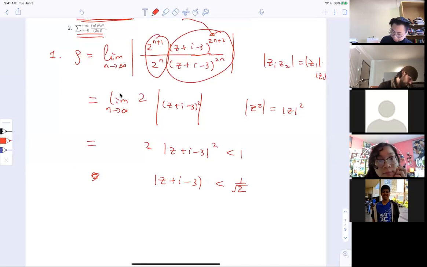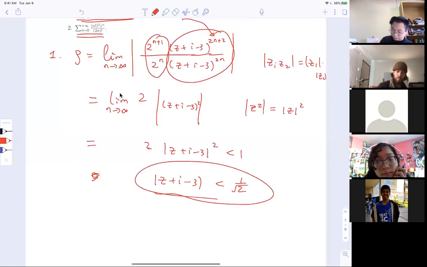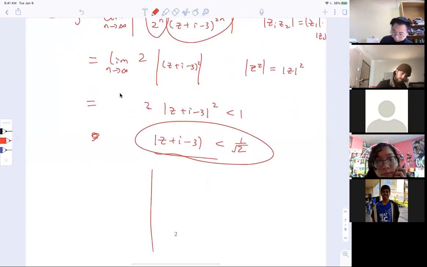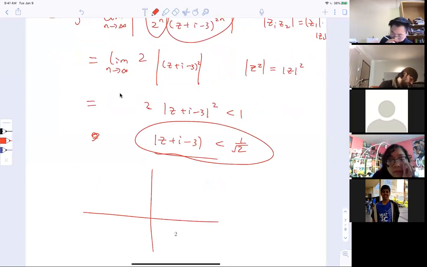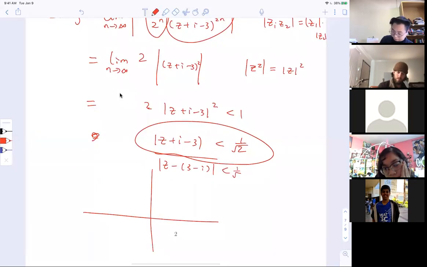The meaning of this is simple, all clear: this is z minus 3 minus i, which corresponds to a point at 3 minus 1, and this is a distance.